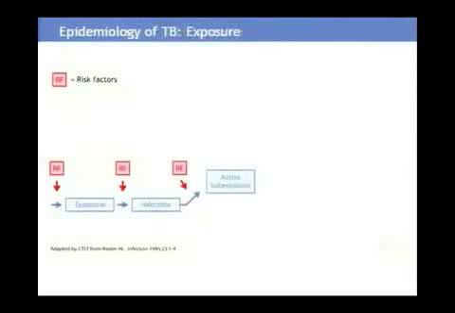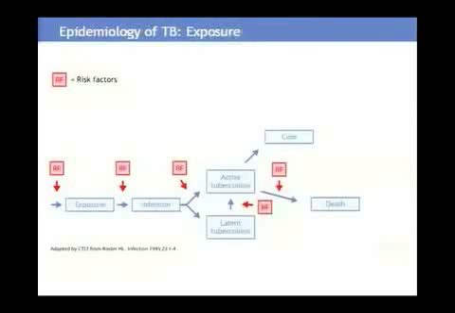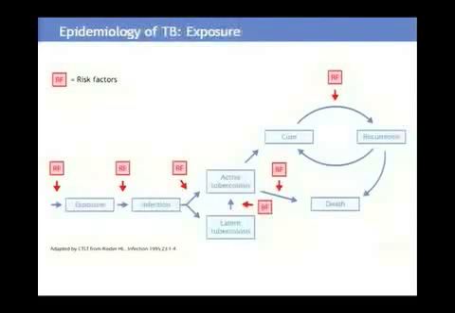And then this part of the figure takes you through the various steps. So as I mentioned, a person at some point is exposed to TB, and then they can become infected, progress to active disease immediately, or progress to active disease from latent infection, either be cured or die, and recur, and if they recur, they can either be cured or die.